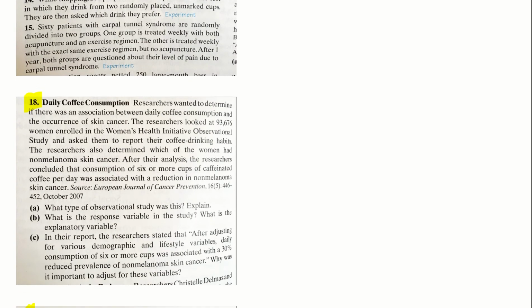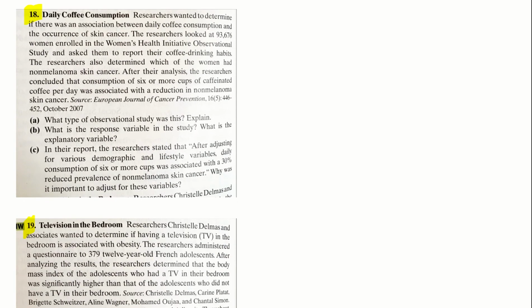Okay, 18. Daily coffee consumption. They're trying to see if there's an association between daily coffee consumption and the occurrence of skin cancer. So they looked at 93,676 women enrolled in a Women's Health Initiative observational study, and asked them to report their coffee drinking habits, and then they determined who had skin cancer.